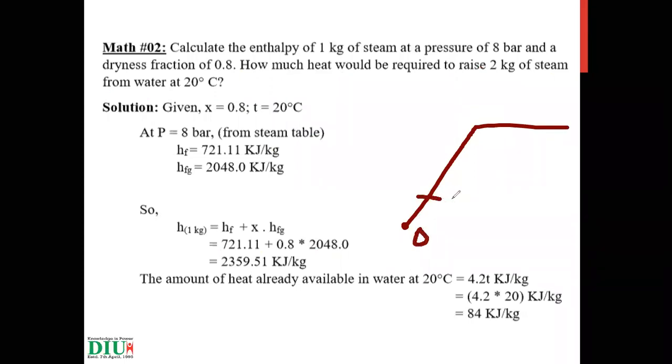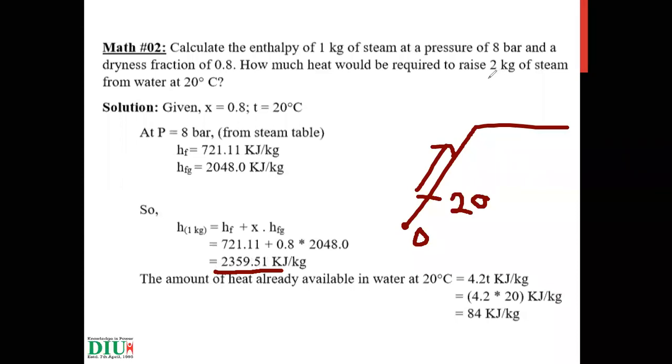Now we are told to find out from 20 degrees Celsius. So understand this. Whatever the value we have found, 2359, this is from 0 degrees Celsius. But we are told to find out from 20 degrees Celsius. So this 2359 is for 1 kg.